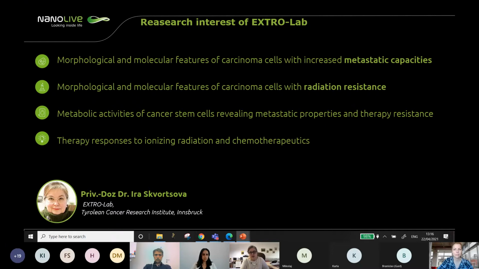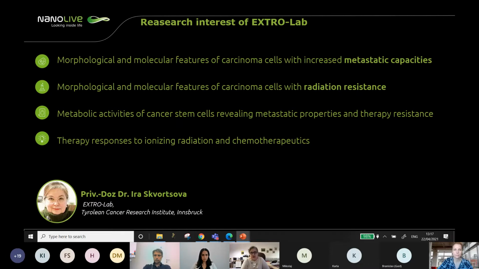The Laboratory for Experimental and Translational Research on Radiation Oncology is interested in the elucidation of morphological and molecular features of carcinoma cells with increased metastatic capacities and radiation resistance.